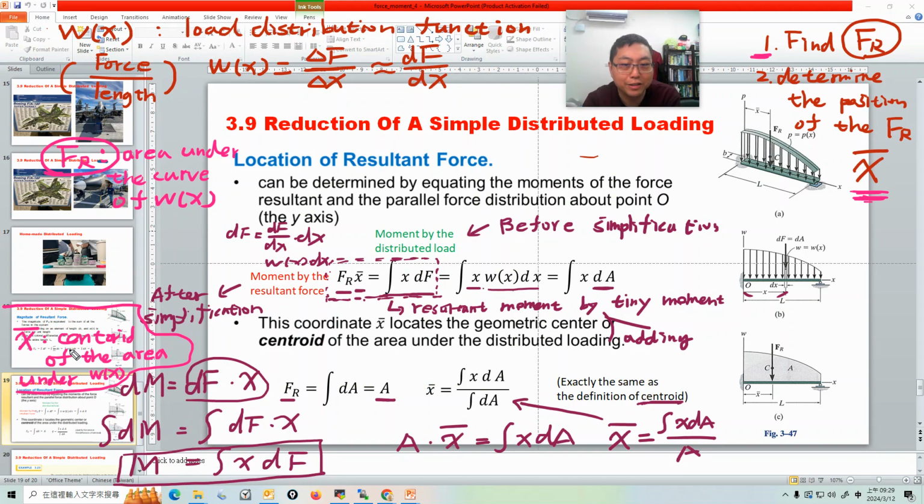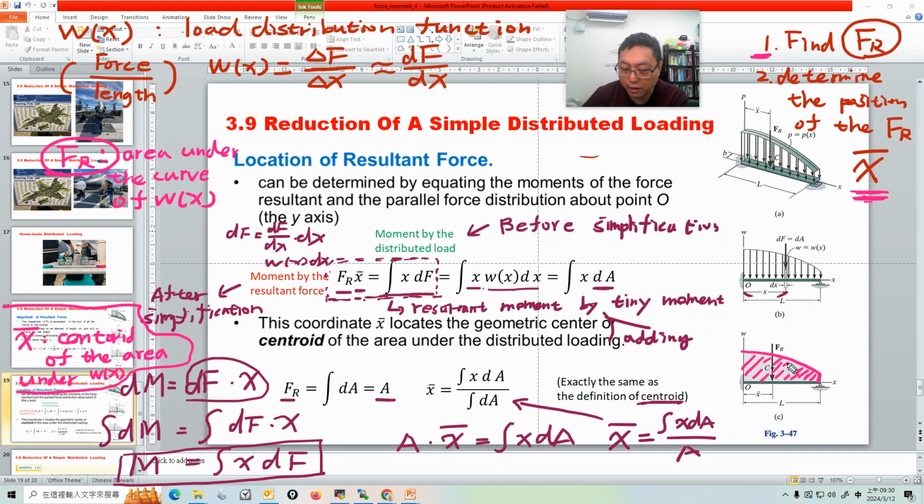You may find the conclusions are all related to the area under this curve: the resultant force is the area under this curve, and the position of the resultant force is the centroid of the area under this curve. It's all about this area.